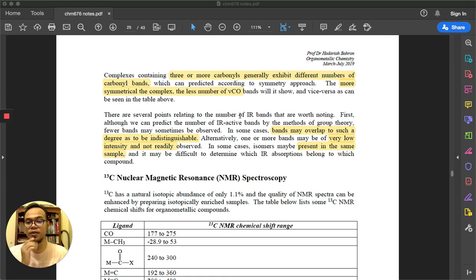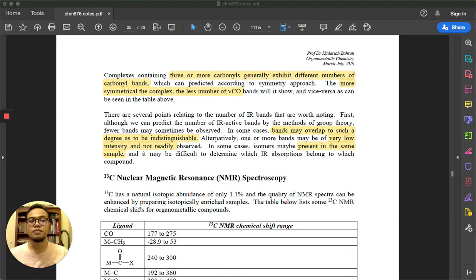It works just like your NMR: when it has the same atoms, or when it is symmetrical, we don't count every single proton that we have in the structure. Normally we just sum it up as one signal. The same thing for your carbonyl here. The more symmetrical it is, the fewer carbonyl bands can be seen.